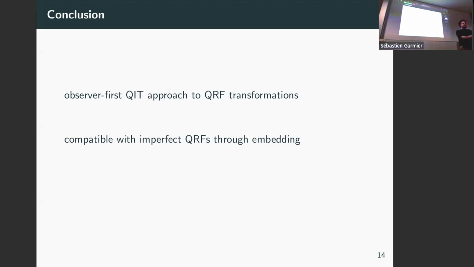If you want to also include the whole lab equipment in your description, this becomes difficult because it's based on the idea that you have a Heisenberg cut and all that. So, okay, let me continue then. And there are some other approaches that I don't know much about, unfortunately.